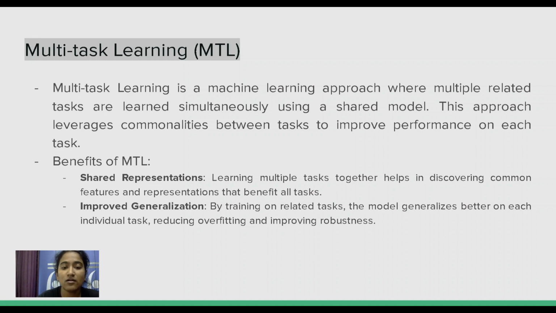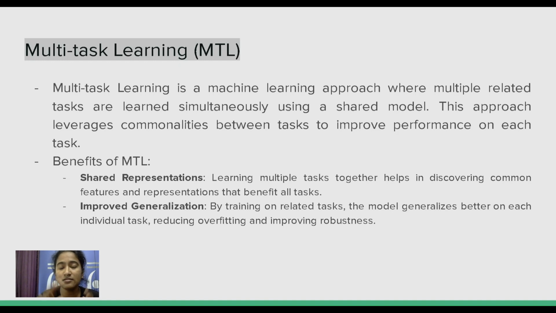Using MTL, when multiple tasks are learned together, the model can discover common features and representations that are beneficial for all the tasks. This means that the knowledge gained from one task can be helpful in improving the performance of another task. So, training on related tasks helps the model to generalize better on each task, and that reduces the risk of overfitting and improves the robustness of the model.